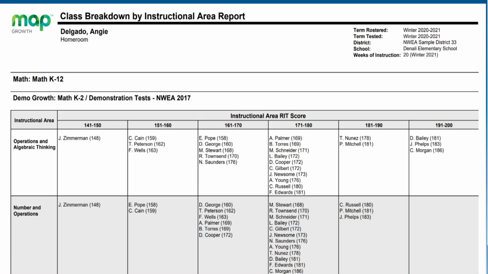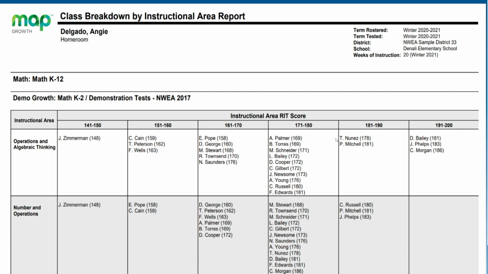So the report will look like this. We can see, based on these various instructional areas, what students fall into what ranges for those particular instructional areas. So we can see, while this student, Zimmerman, is scoring a 148 overall in math, for operations and algebraic thinking, they fall into this 141 to 150 Writ range.